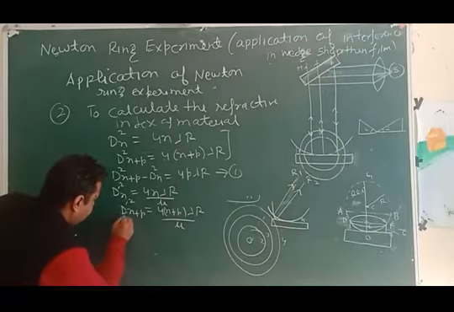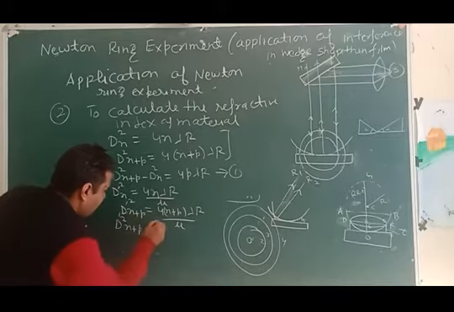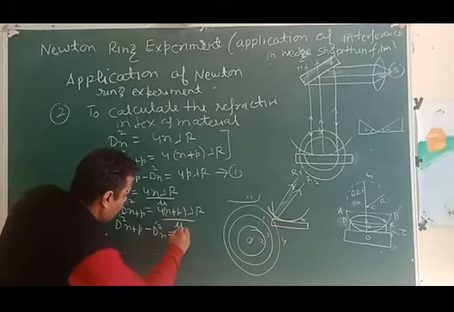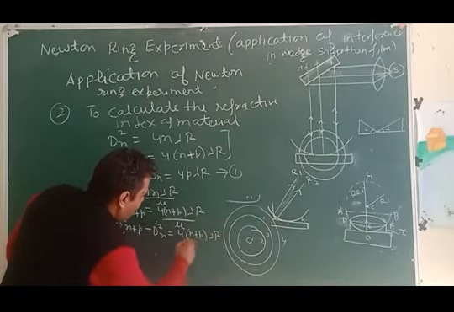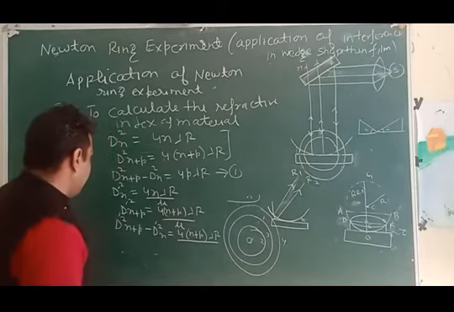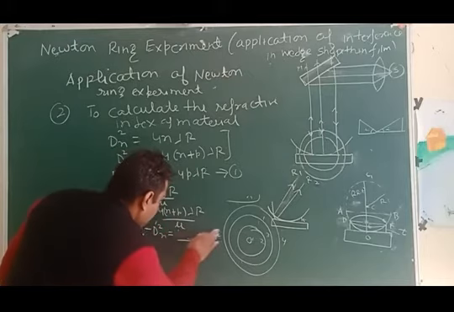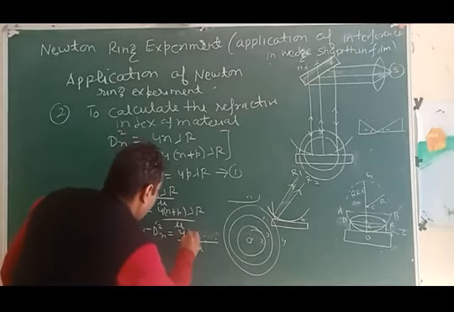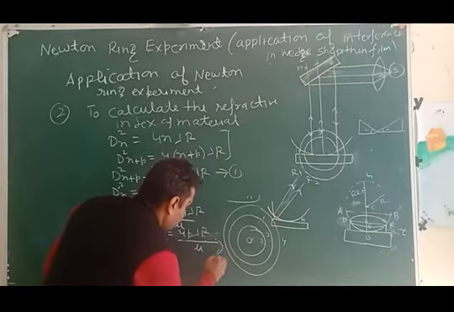Now by subtracting, d dash square n plus p minus d dash square n is equal to 4 p lambda r upon mu. That is equation 2.